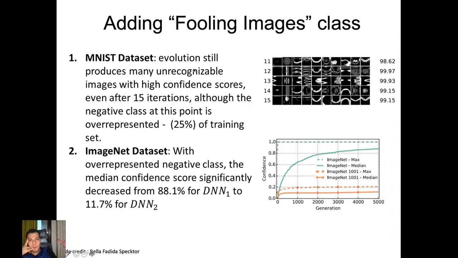When they added those images into the training data as a new class and trained the whole network with this extra class, they were still able to generate other images with very high confidence into the 10 MNIST classes. These look different, but they all have very high confidences of being in the respective class. So even if you try to add the adversarial examples into the training, you can still find new examples that are adversarial.